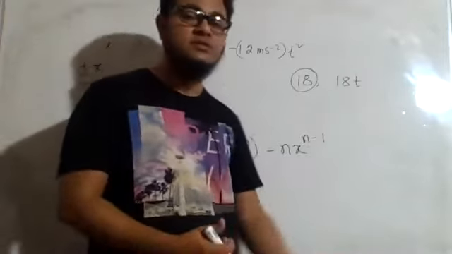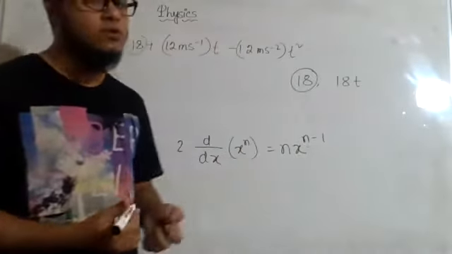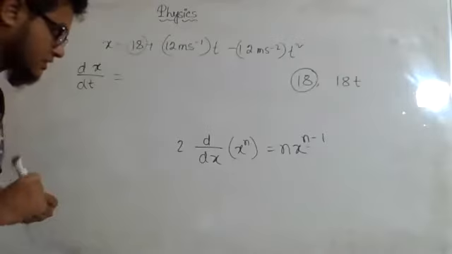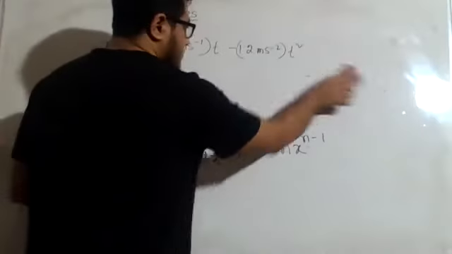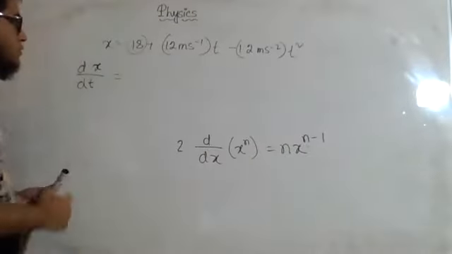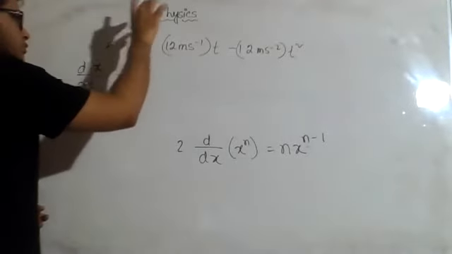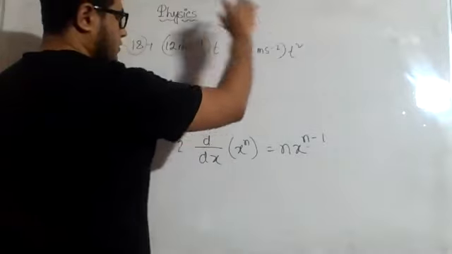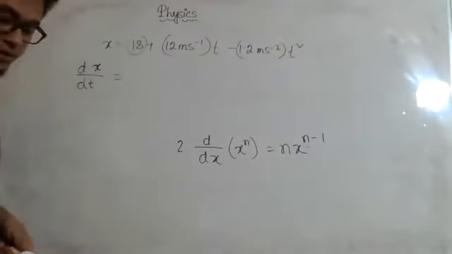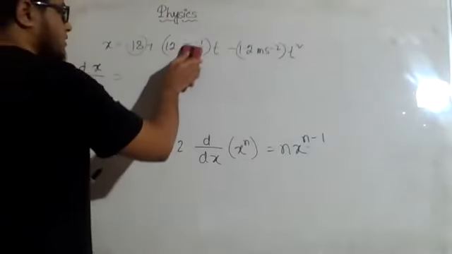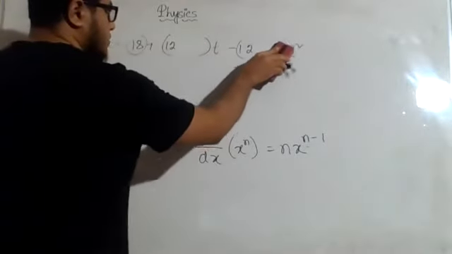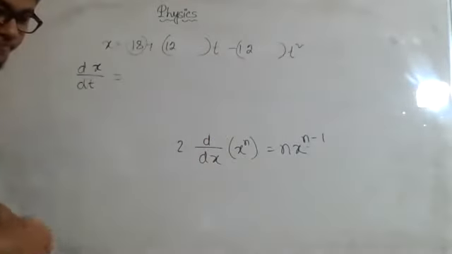That is why 18t is a variable and 18 is a constant. I hope it is clear. So you know that we have to differentiate this side. We will differentiate this term, this term, and this term also. Here actually we can forget about the units.